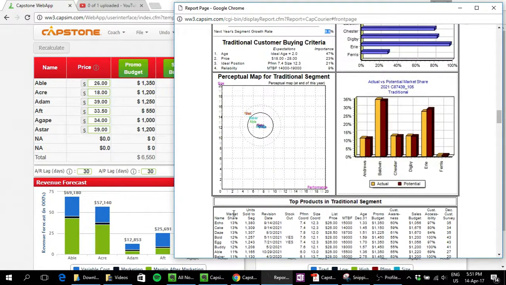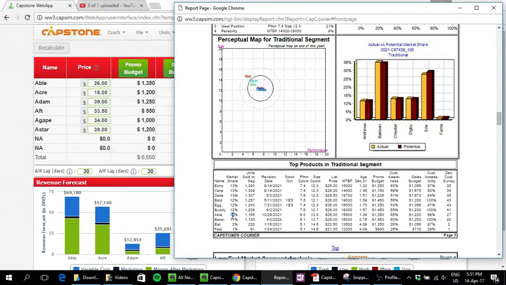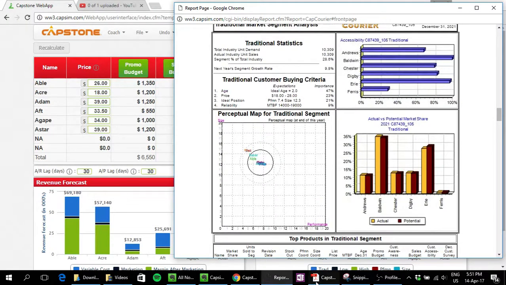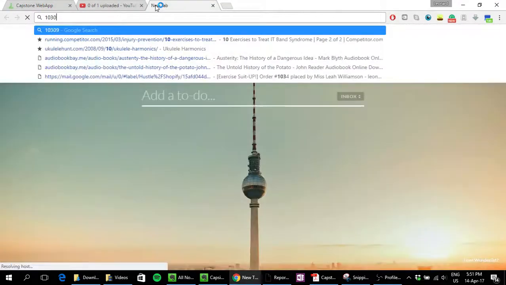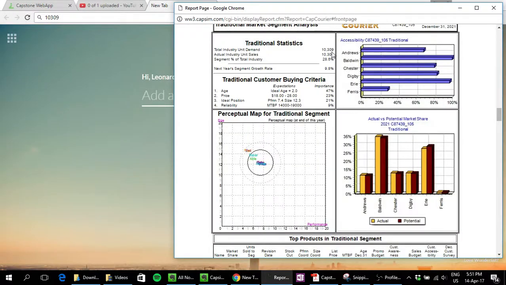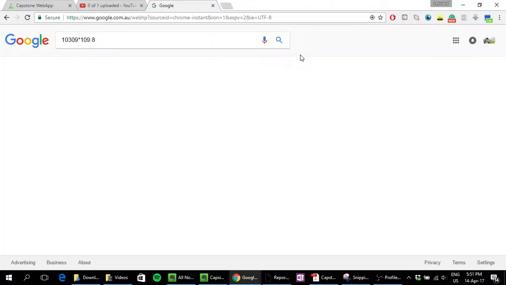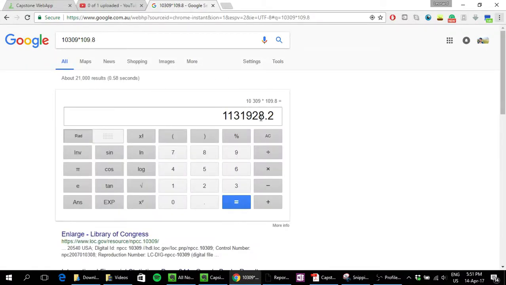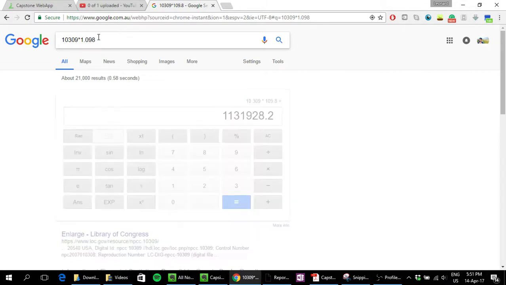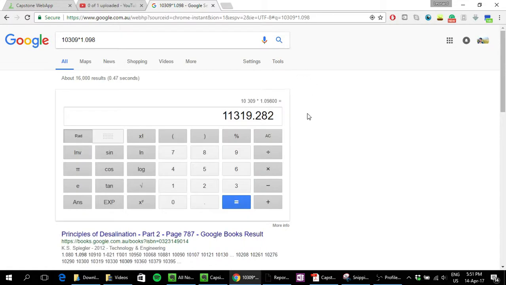Let's say you're going to get 11%. I'll just take a calculator out for easy reference. So it's 10309 times 109.8. This is the total amount of sales next year.